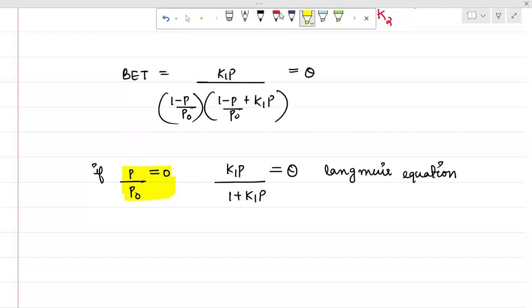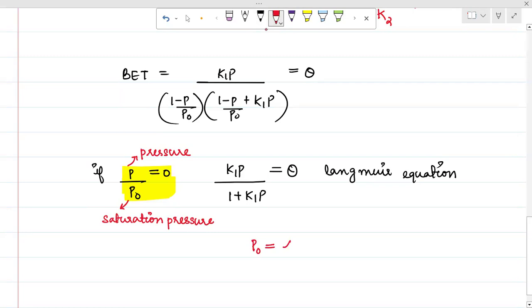When will P by P naught be equal to 0? P is the pressure of the gas and P naught is the saturation pressure, that is the pressure at which the gas cannot exist as gas anymore. It converts to liquid. So if P by P naught has to be 0, then P naught has to be infinity.